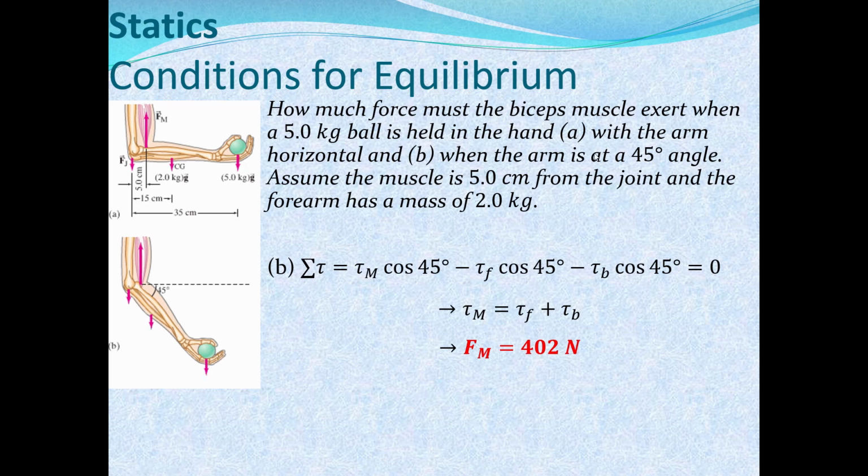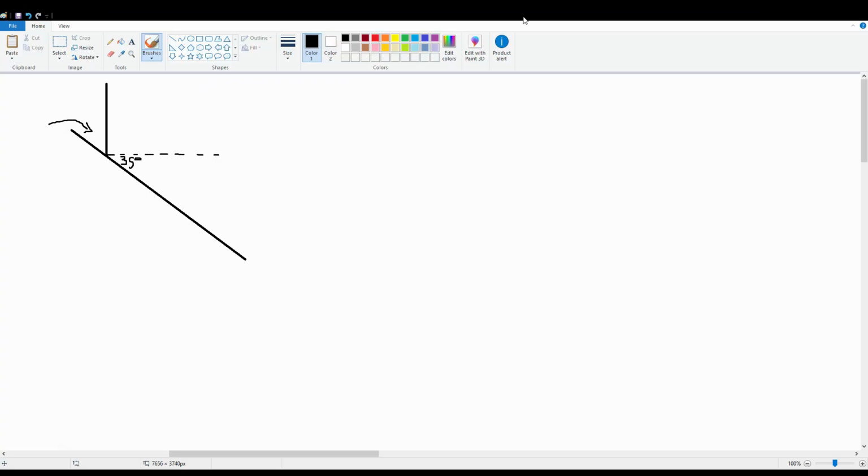Now, to explain it a little bit better, I have a very crude drawing here. So this is the force of the muscle. This is the angle. Now, to make it a little bit clear why I did cosine 45, I'm going to change the angle to 35.